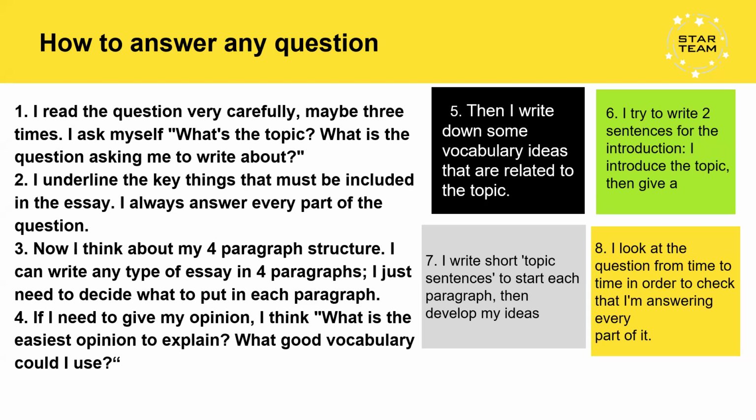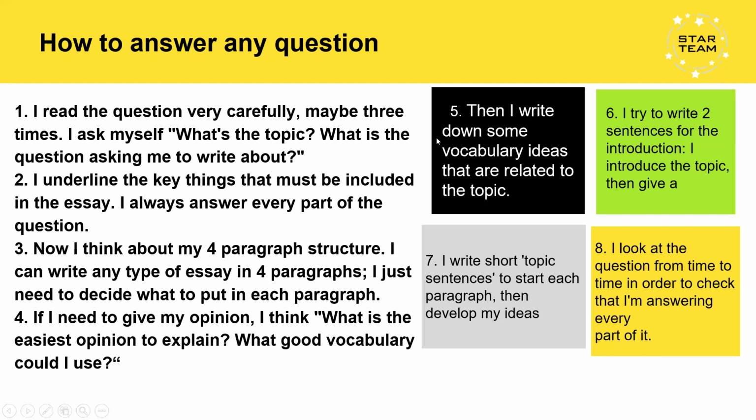Okay, the next. If I need to give my opinion, I think what is the easiest opinion to explain? What good vocabulary could I use? There are always two sides to discuss, and your task is to choose the best one for you, the one easier to explain, which is more relevant for you.